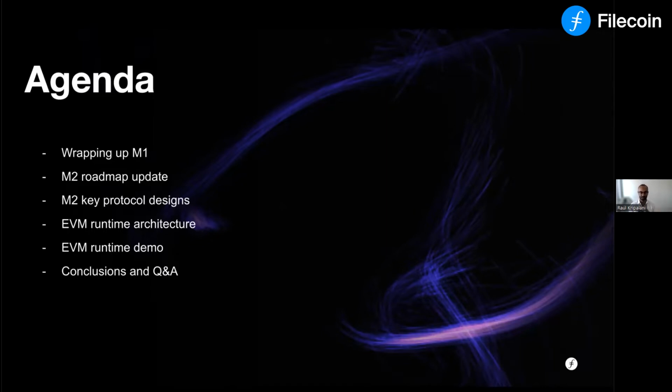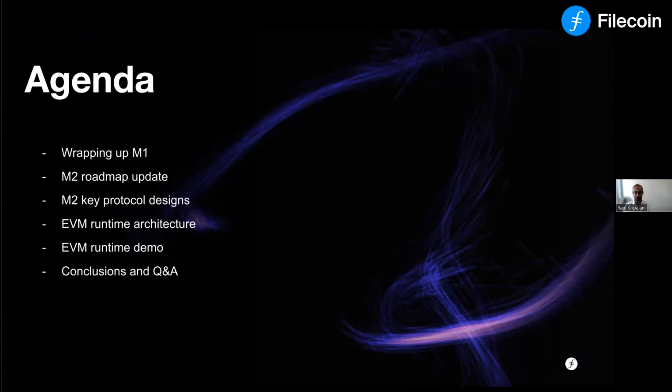So I really want to take this opportunity to emphasize everything that has happened in M1 and why it's so crucial for this milestone to go live ahead of activating user programmability, and also to acknowledge the work of so many people. This is really one of the critical milestones that installs the FVM technology on the network. So I'll talk a little bit more about that.